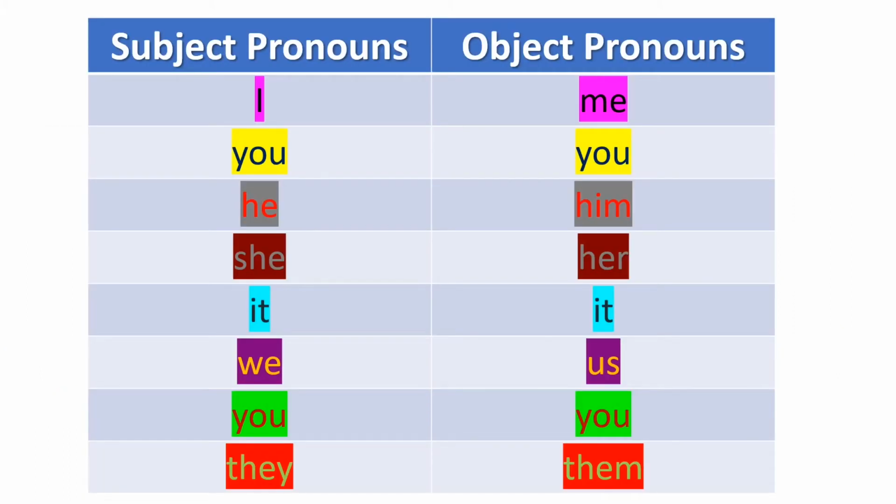Subject pronouns and object pronouns. I becomes me, you remains you, he, him, she, her, it, we, us, you, they, them. Look well at the table. The form differs.